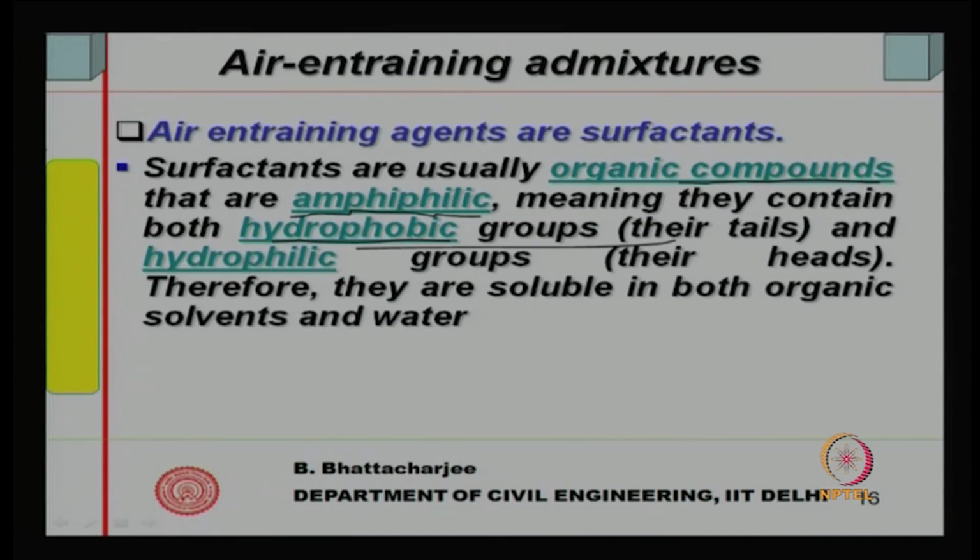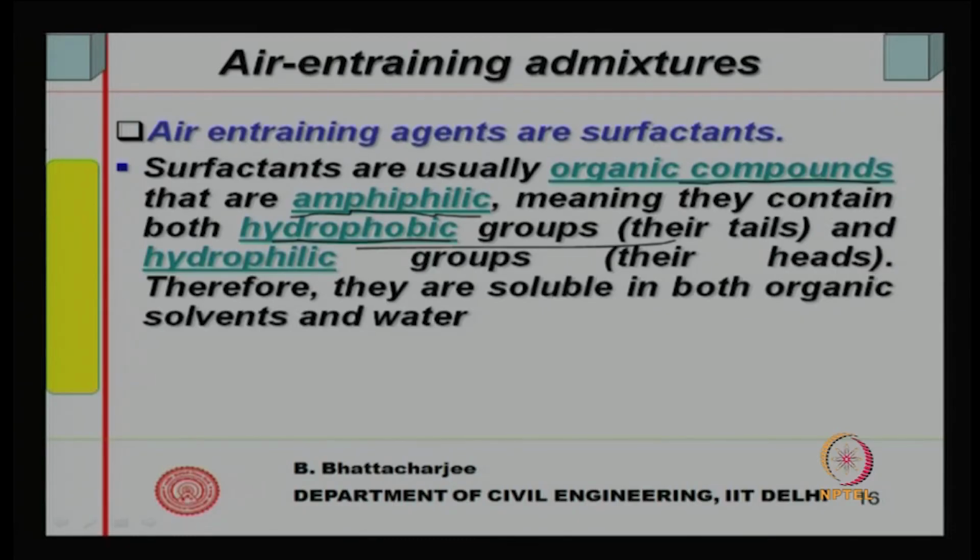So, they are amphiphilic, resulting in hydrophobic and hydrophilic both. The tails are hydrophobic and the head is hydrophilic.